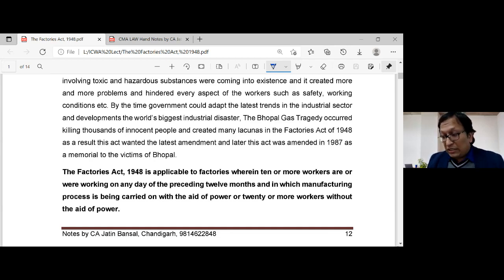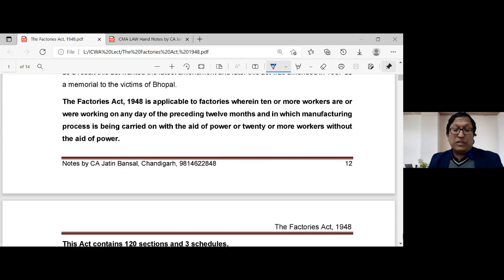Now we are coming to where this Factories Act is applicable. It is applicable to factories where 10 or more workers are employed or were employed.